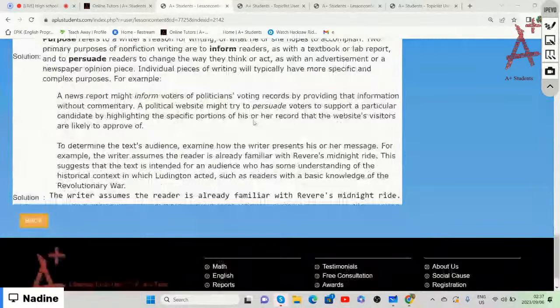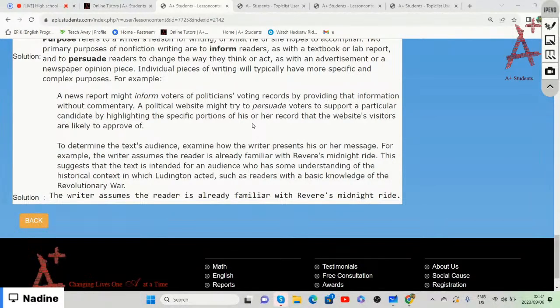And after. In order for us to determine the text's audience, we need to examine how the writer presents his or her message, right? In this case, we need to assume that the reader is already familiar with Revere's midnight ride.